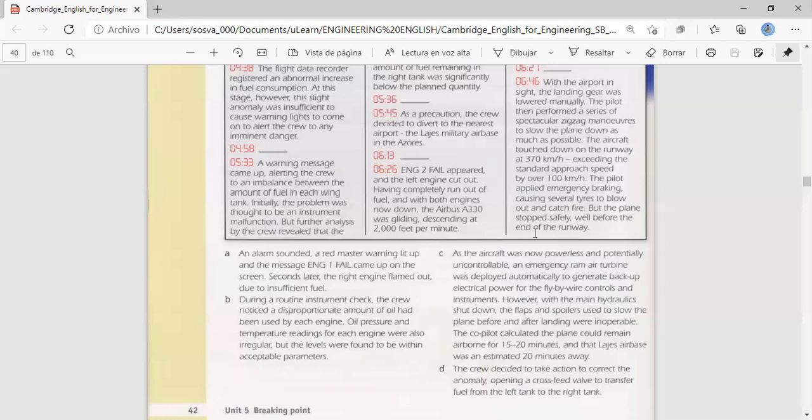Spectacular. It's almost one of the most awesome landings in difficult situations. For example, when there's a lot of wind, or when there's a fire actually, and they just land.